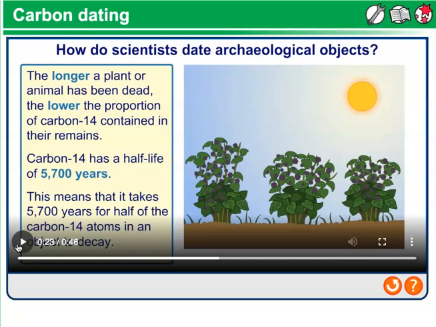Carbon-14 has a half-life of 5,700 years. This means that it takes 5,700 years for half of the carbon-14's atoms in an object to decay.